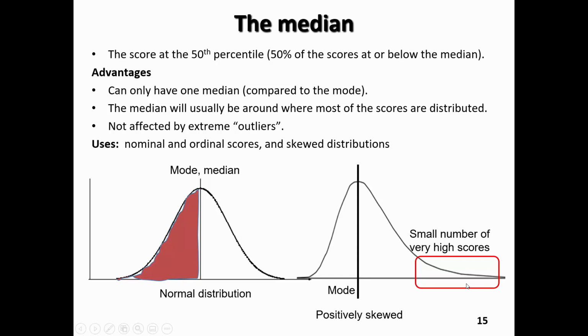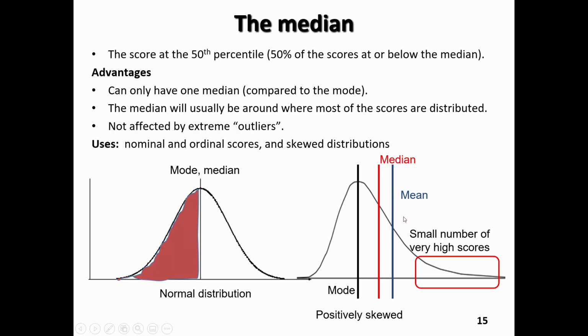And as we define the mode as the most commonly occurring score, it will also be represented as the highest point on the distribution of the data. The average score or the mean score will always be on the side of the mode which is towards the very pronounced tail, and the median will sit between the mode and the mean.